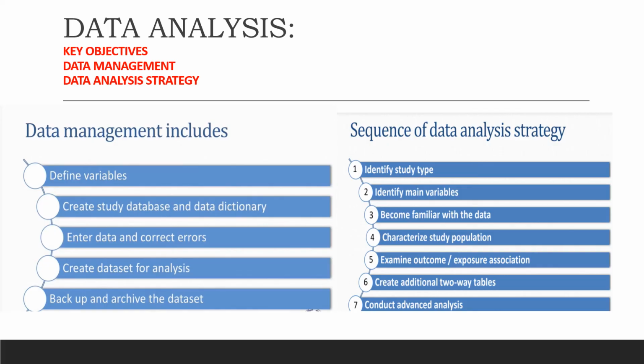Regarding the sequence of data analysis strategy, you have to firstly identify the study type, identify the main variables, become familiar with the data, characterize the study population, examine the outcome on the exposure association, create additional two-way tables, and conduct the advanced analysis.